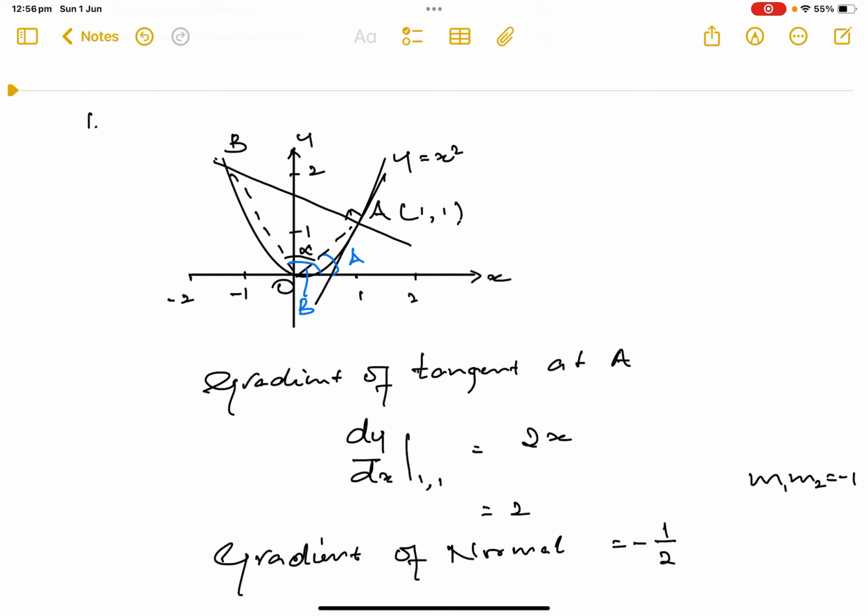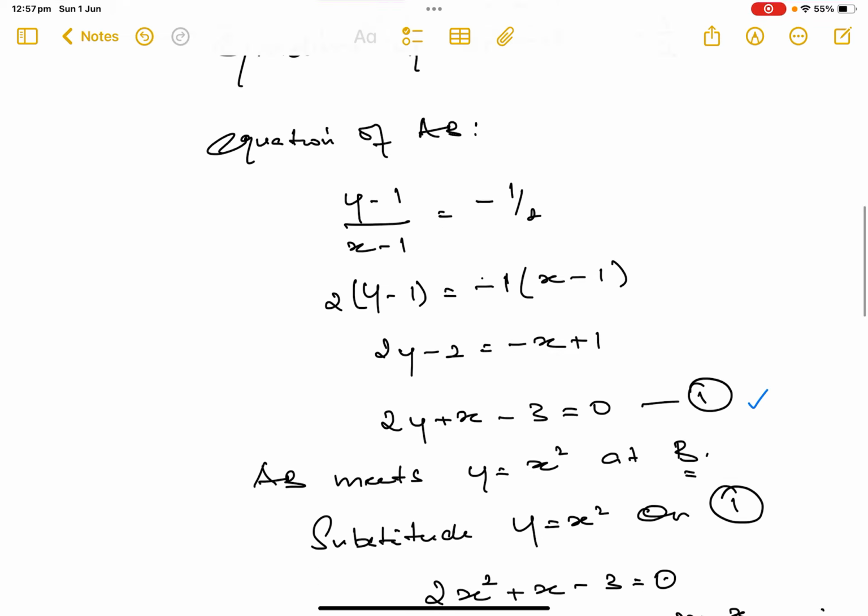The line OA makes an angle A with the x-axis, and the line OB makes an angle B with the x-axis. So the gradient of OA is tan A, and the gradient of OB is tan B. Let's establish that.